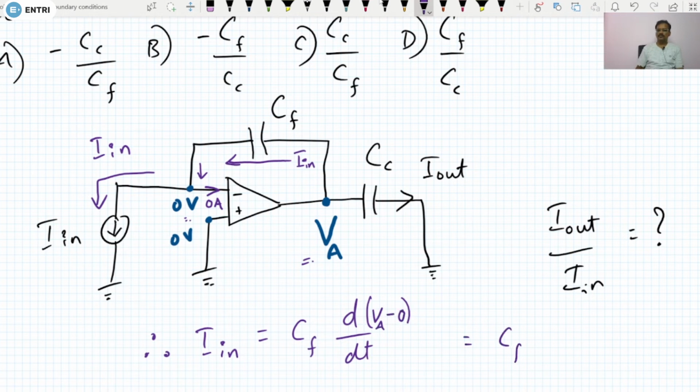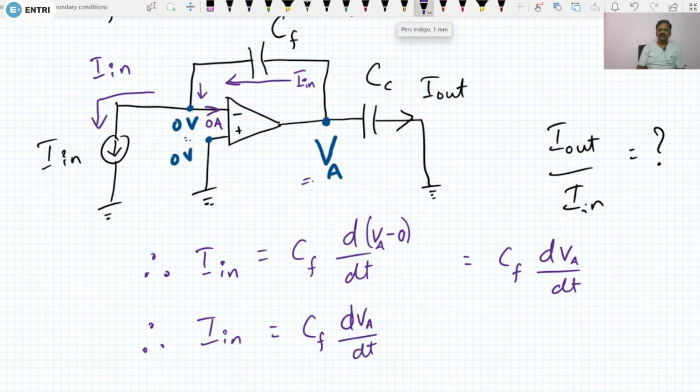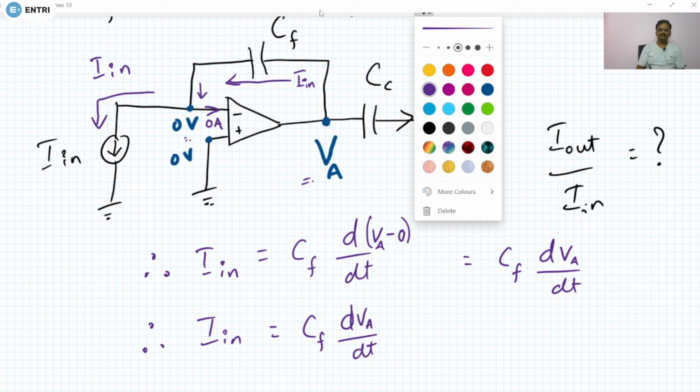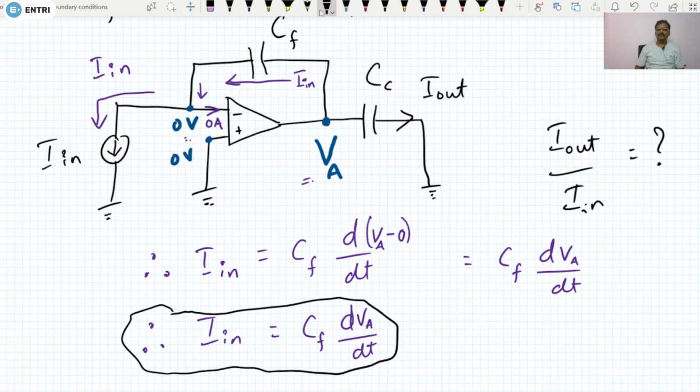So this is equivalent to CF into dVA by dt. So this is I in. Therefore I in is equivalent to CF into dVA by dt.